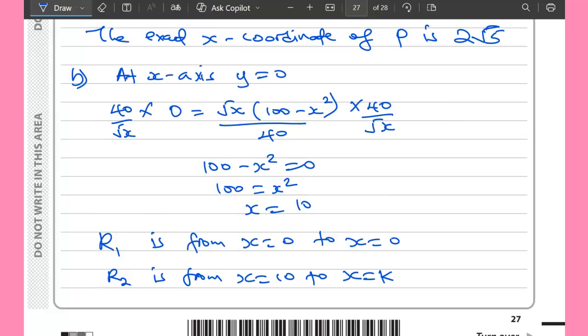And remember that the area of region R1 is equal to the area of region R2. So this means that the net area from 0 to k must be 0, because the area above will cancel the area below.